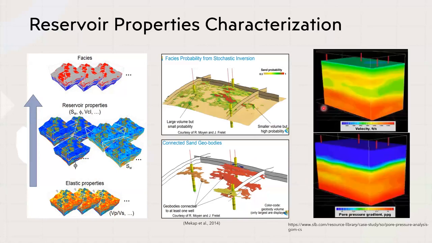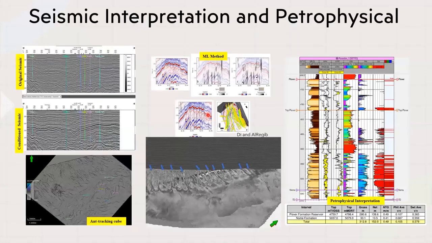Also, when you do this model, the velocity is very important. If the velocity model is perfect, then you can go for seismic inversion and stuff like that.